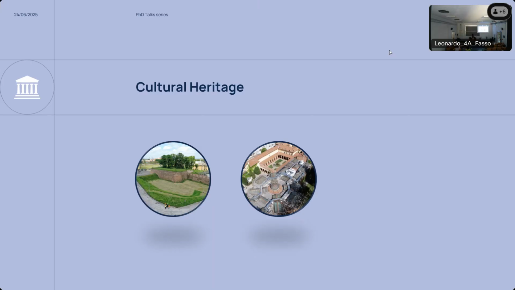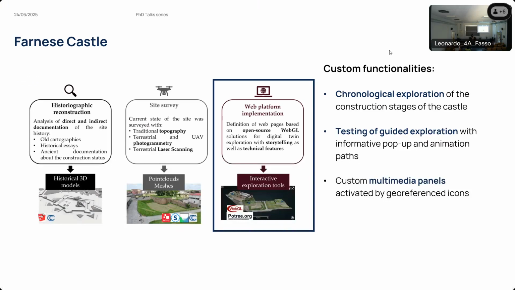So we saw a specific case of built environment, but the idea was to test it also for other types of structures, not only related to highways like bridges, but also cultural heritage sites that maybe are affected by stories or are the protagonist of stories of particular value for the local community, like for example Farnese Castle, that is unfortunately and sadly remembered because it was the site of the first COVID field hospital during the COVID emergency, and in the past years went through a lot of studies and assessment of possible strategies for trying to valorize this site and also to narrate this site to other people.